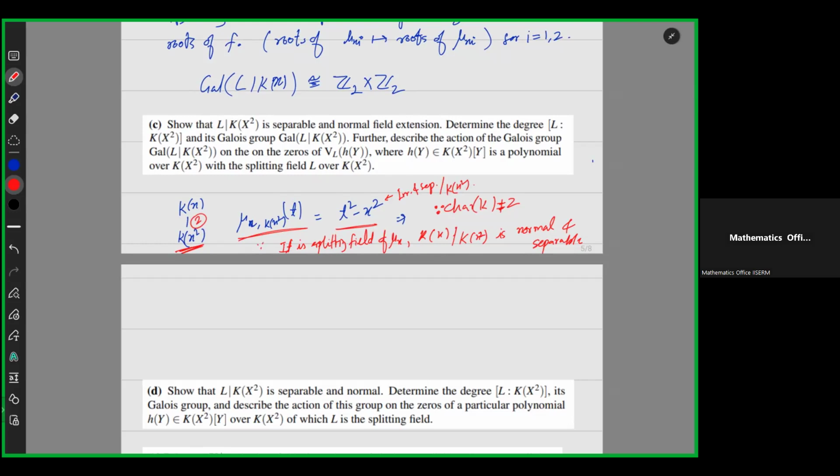But separable field extensions under composition are separable again, and the same thing for normal. So that's all there is to this. So the Galois group, how to calculate the Galois group now?